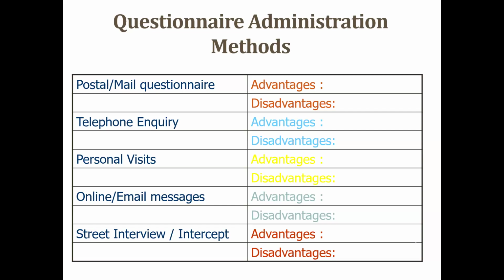Or can you give a scenario of a research situation where using a postal approach will be more appropriate or most appropriate? Any suggestion?